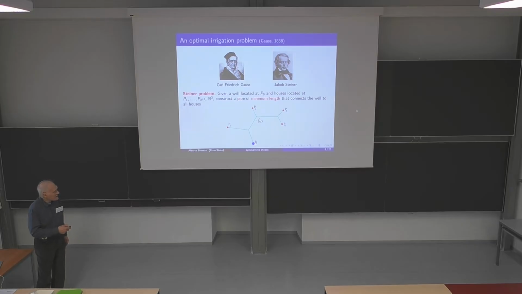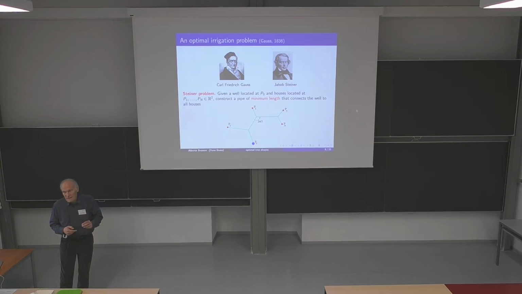And the problem is this. Assume that I have a well located at one point, let's say point P node, and I have a number of houses that require water, and I want to construct a system of pipes that connects the P node with all these houses. What is the minimum length of these pipes that achieves this?